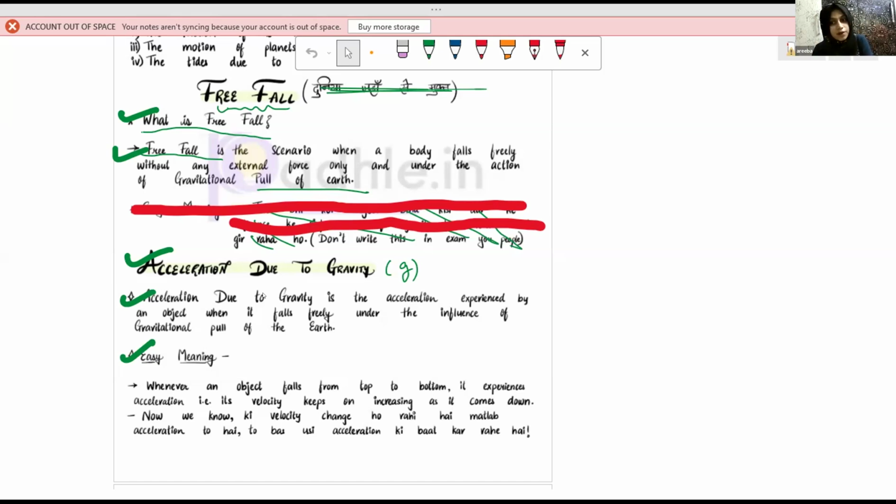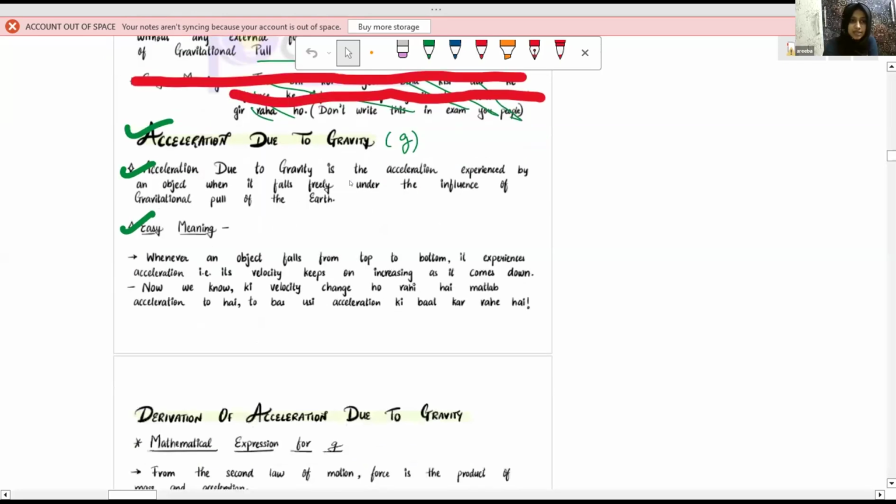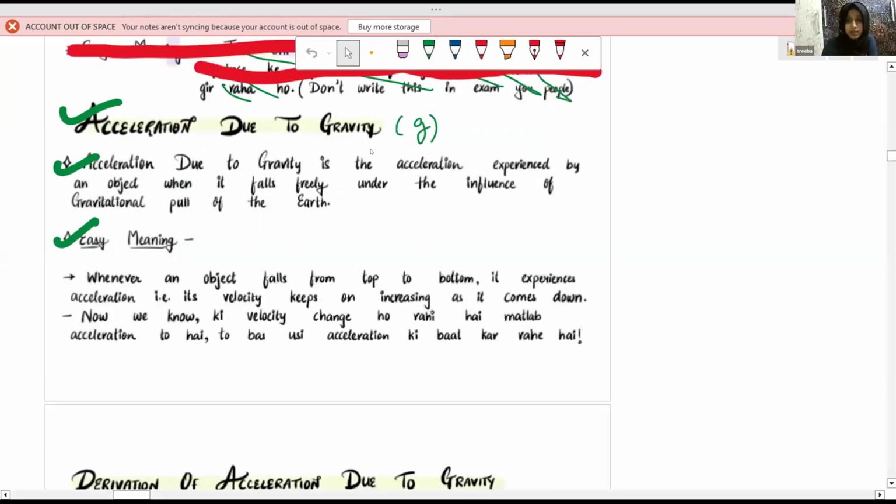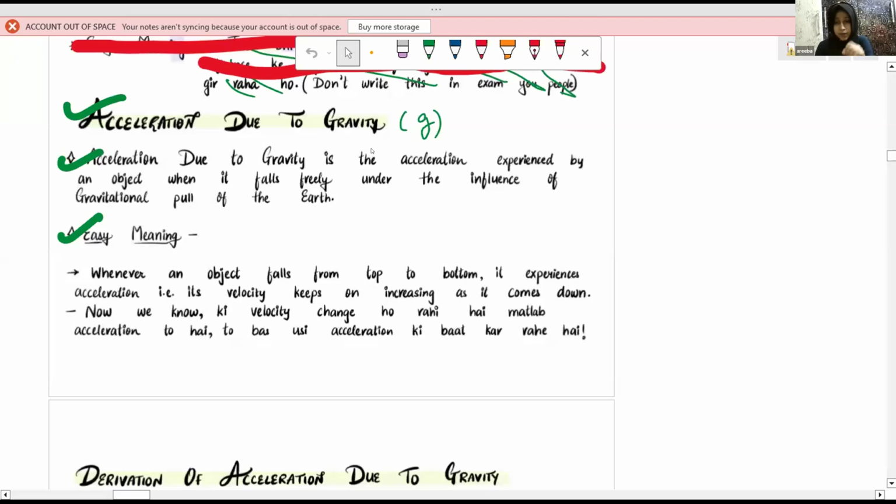This is what you have to remember. Free fall is when the object is under only the influence of gravity and no other forces, the gravitational pull of Earth. Now, acceleration due to gravity is very important because you will be having questions on this.